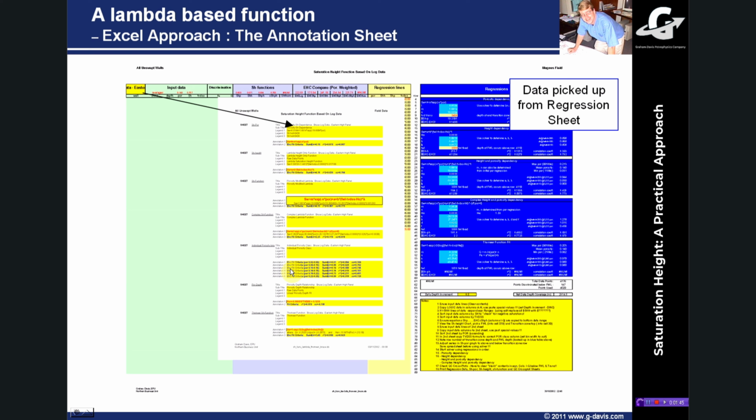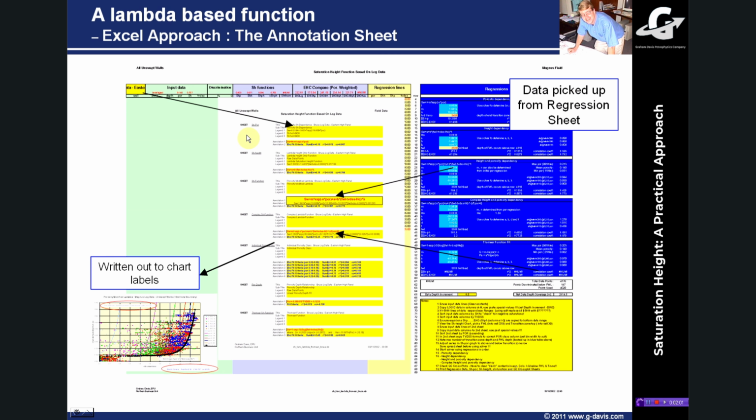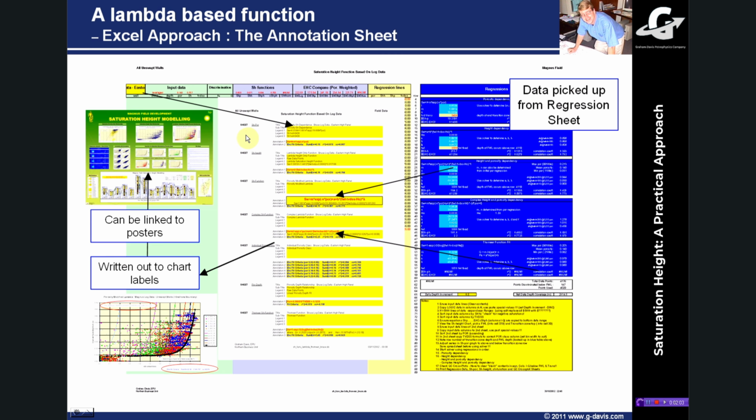And what we see is that we get data picked up from various places in the workbook, and it's written to this annotation sheet. So the results of the regression analysis, the equations, the fitting criteria, some titles, they're all written to this annotation sheet, and then those are used and written out to the charts, and maybe some posters if you've got posters linked with Excel spreadsheets.